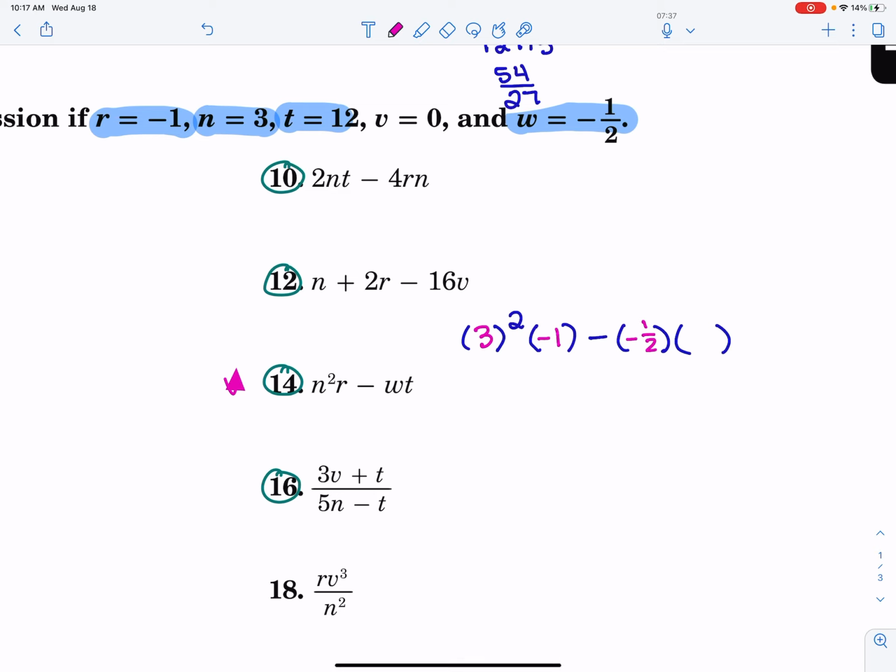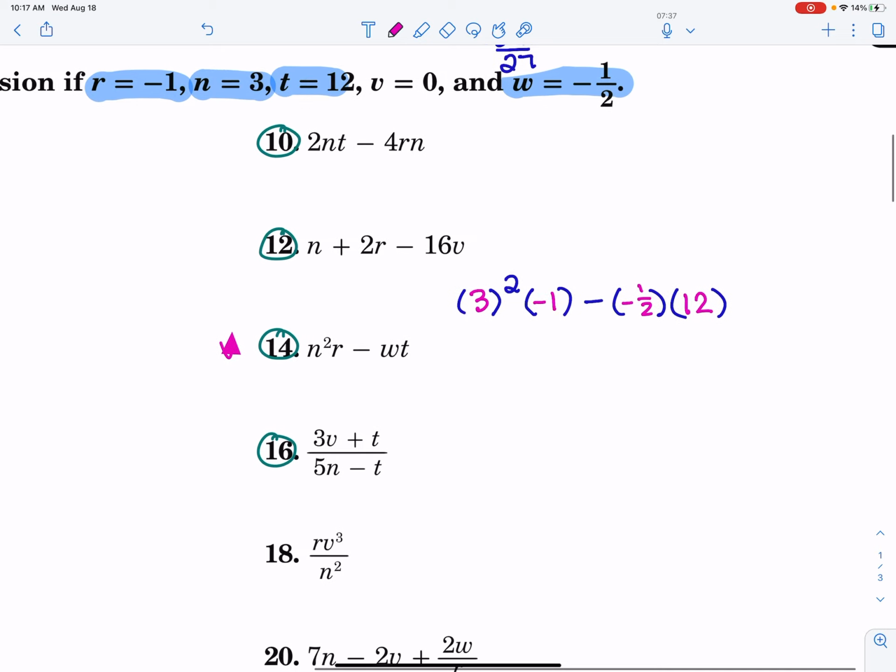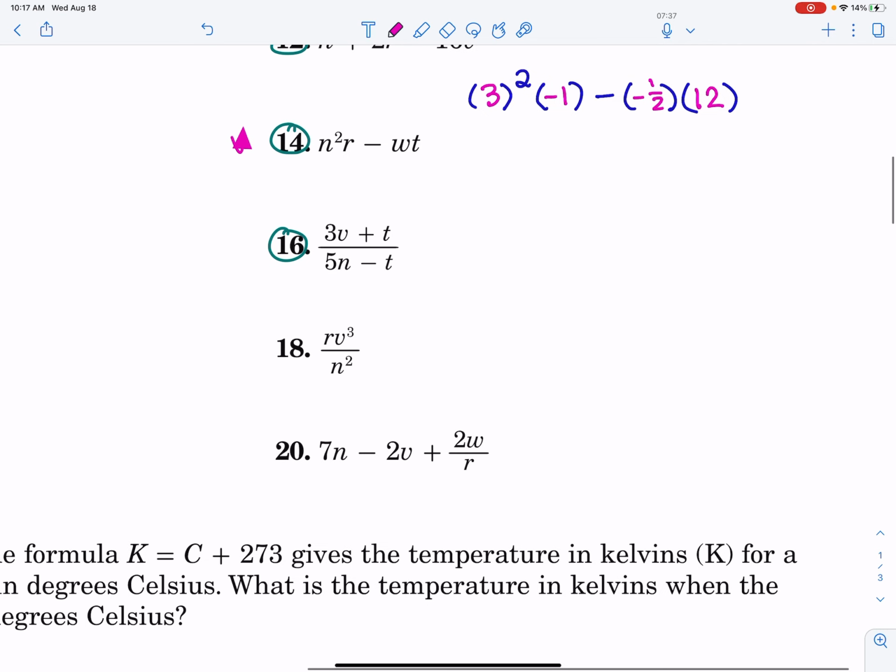And where there's a t, I'm going to replace it with 12. First thing, using our order of operations, let's do any groupings first. Well, there's nothing inside the groupings that we can simplify because when I look at it, 3, negative 1, negative 1/2, and 12 are as simplified as each of those groupings are going to get.